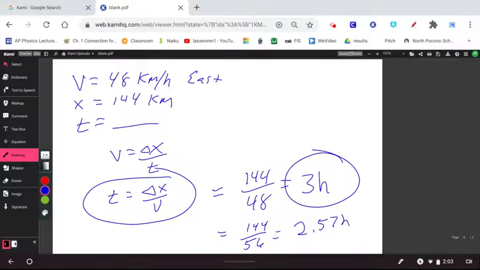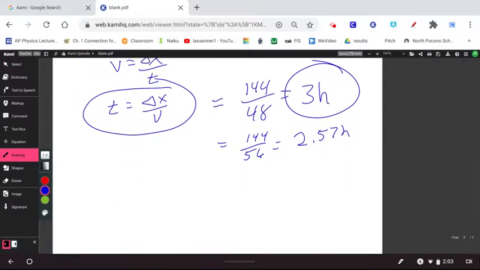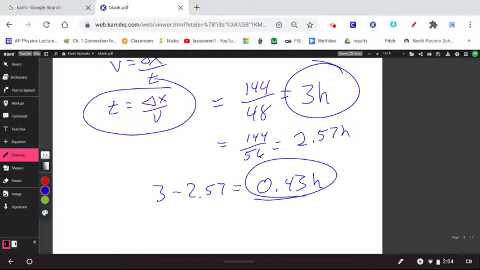So how much time did he save? Time saved would be 3 minus 2.57, which would equal 0.43 hundredths of an hour. And if we want to change it into minutes or seconds, you could do that. So this is number 5.